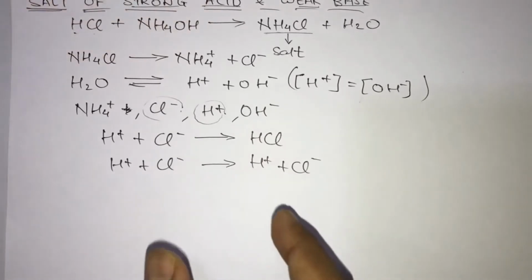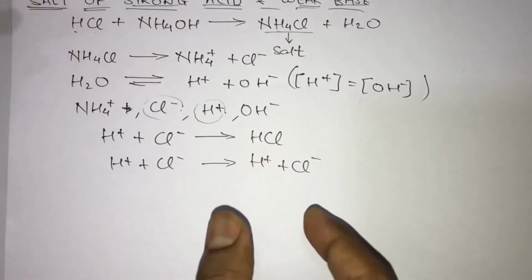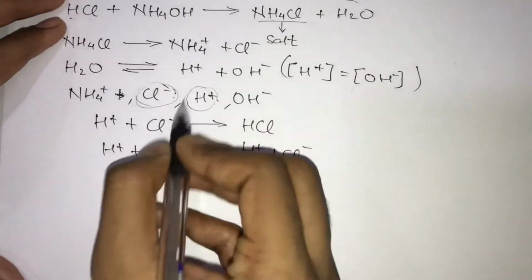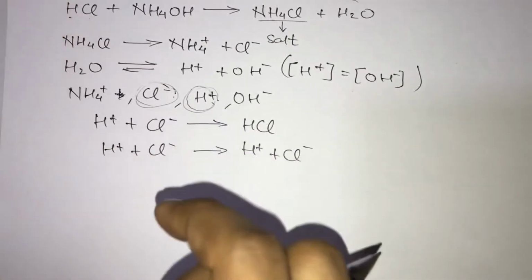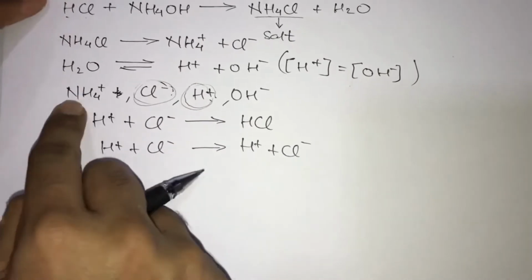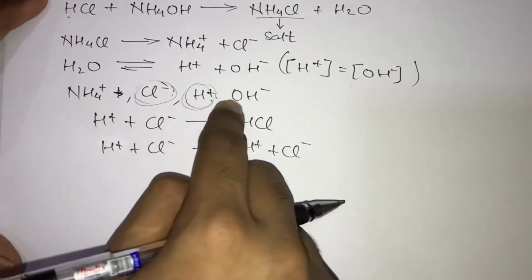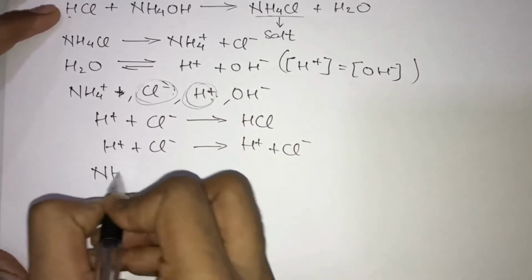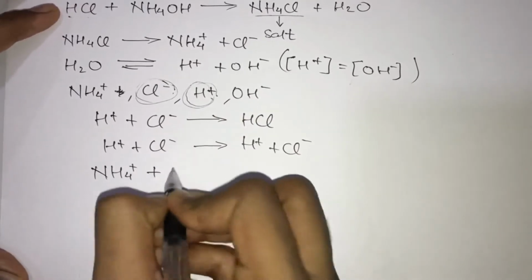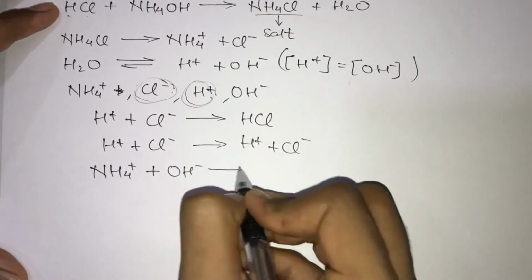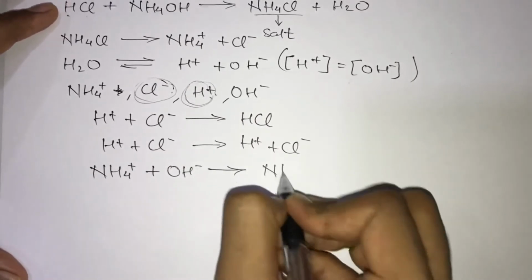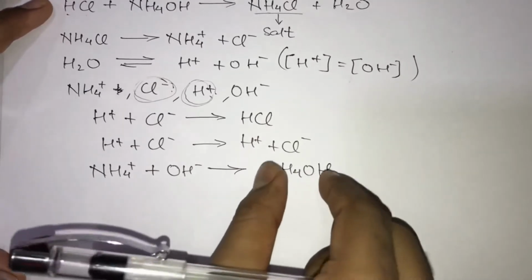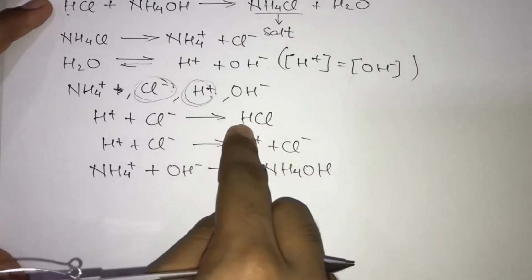So if you see carefully, there is no change that is taking place. So these both cannot combine with each other. The remaining possibility is that the NH4 plus ions combine with OH minus to form an ionic compound. So this NH4 plus will combine with OH minus to give us NH4OH. And guys, this is not going to dissociate back like HCl.